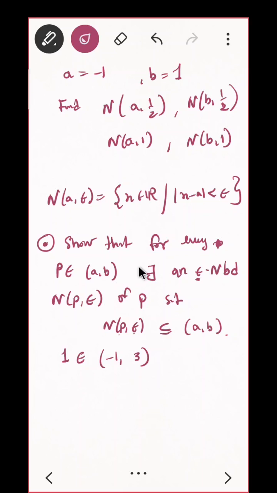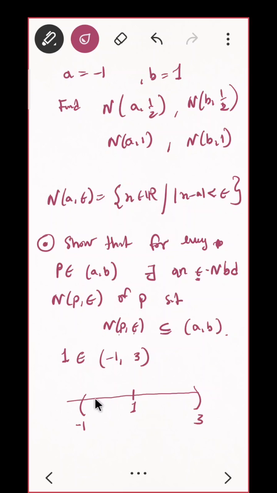Now, what is my claim? I need to find a neighborhood. I need to find an epsilon such that the neighborhood should be contained in this interval. That means simple thing is, this is my 1, this is my interval, say -1 to 3 here.